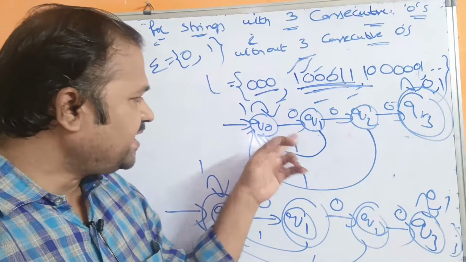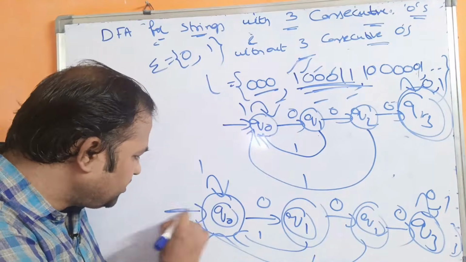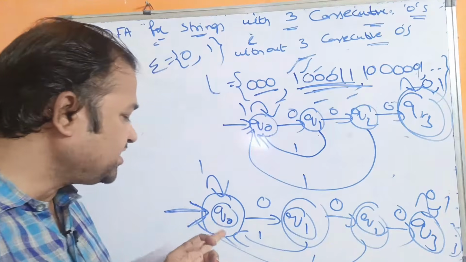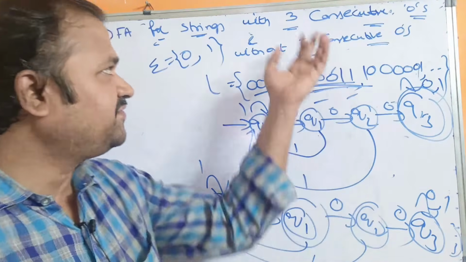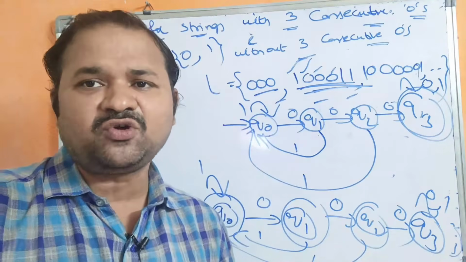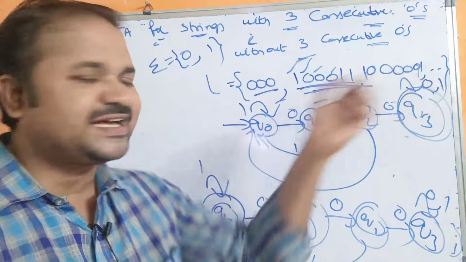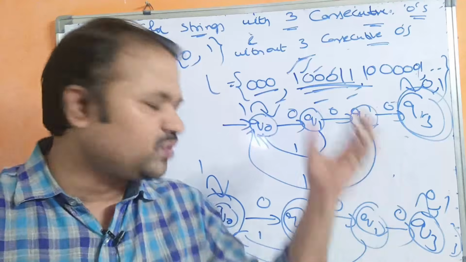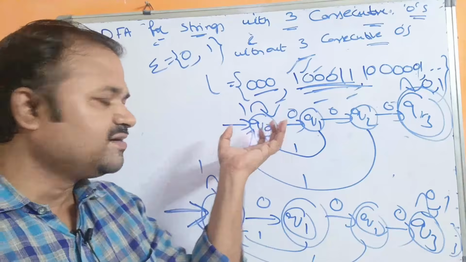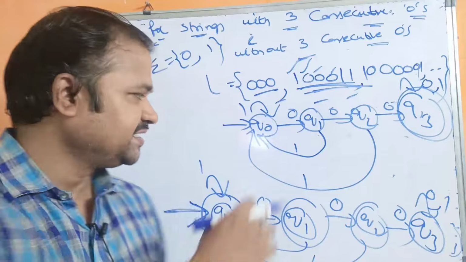In the first diagram, what is the initial state? Q0 is the initial state. So here also Q0 will become the initial state. Here Q0 acts as both initial state and final state. So what is the difference between with 3 consecutive zeros and without 3 consecutive zeros? Without means we draw the DFA for with 3 consecutive zeros, and convert it by converting the final state into a non-final state and the non-final states into final states.